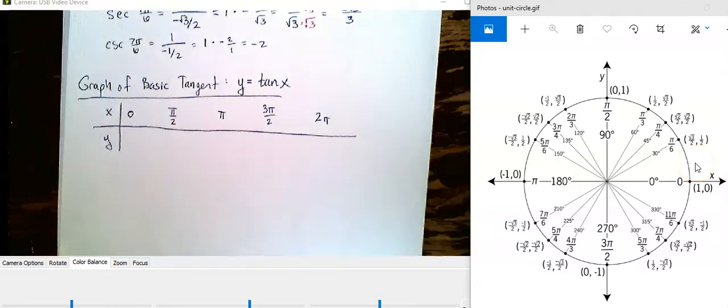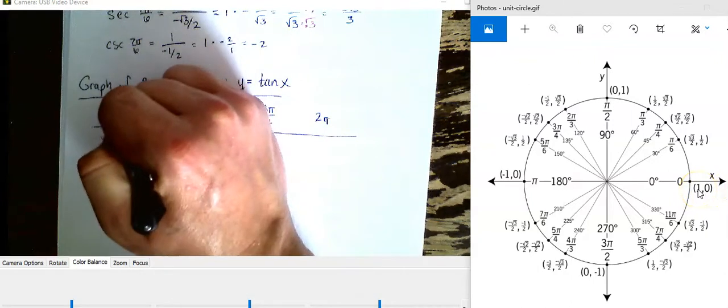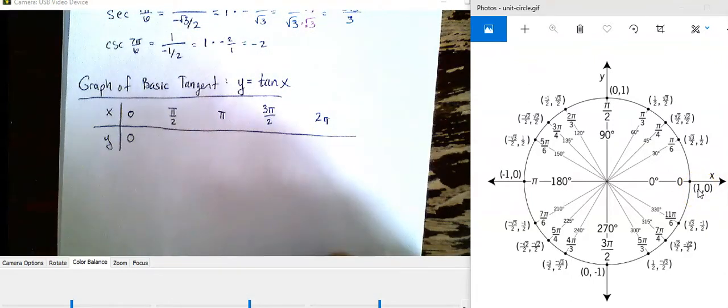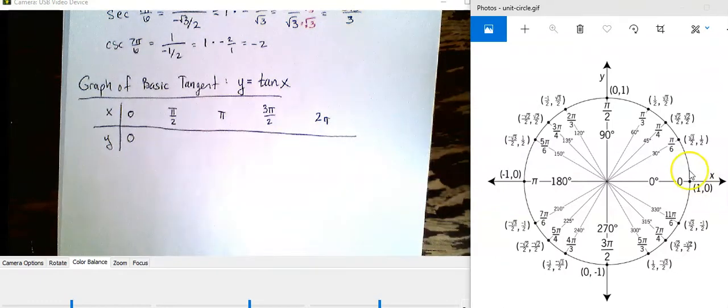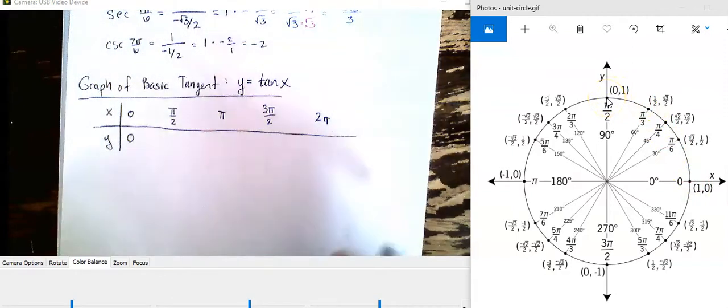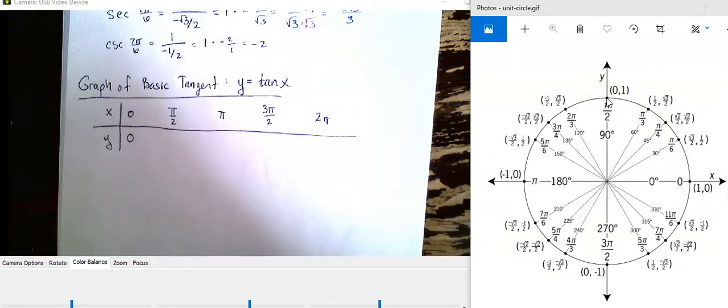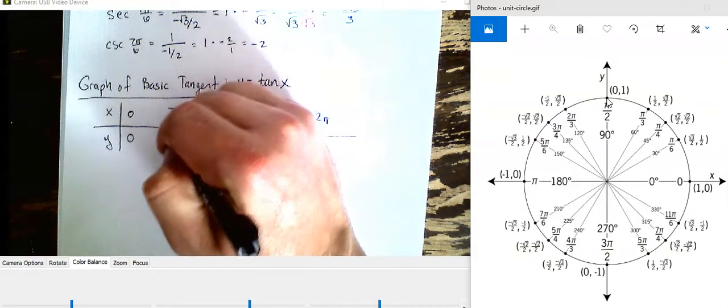Okay, so let's look at 0. So 0, we know the sine is 0 and the cosine is 1. So 0 divided by 1 is 0. So we know that the tangent of 0 is 0. Now at pi over 2, the sine is 1 and the cosine is 0. So 1 divided by 0 is undefined.